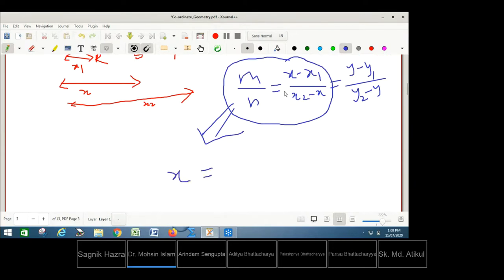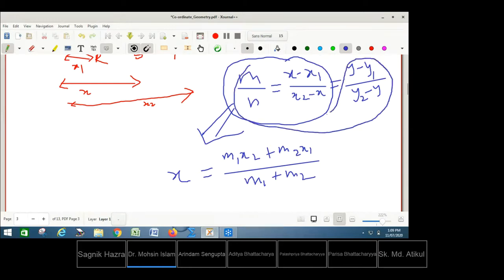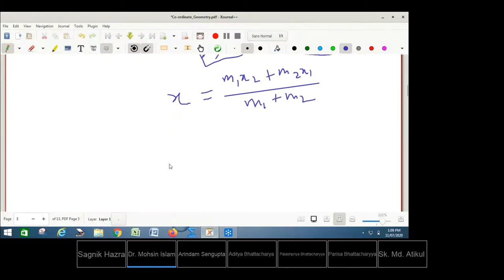If you do the cross multiplication, because your unknown is x, and the manipulation, you will find that your x is m x2 plus n x1 by m plus n. And if you take the first and last ratio, you will find y as, sorry, not m1 m2, because you have taken m n, my mistake, m and n.